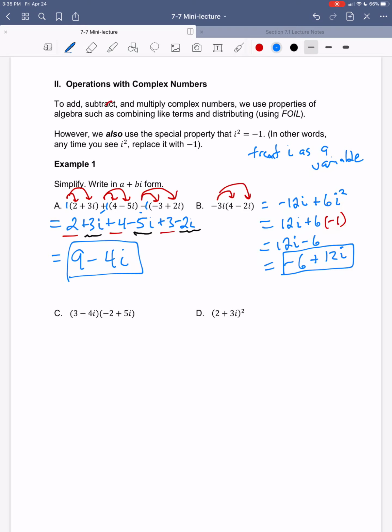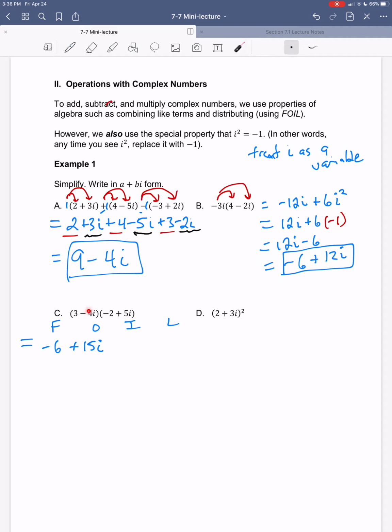Okay, down here in part C, we're going to do FOIL. So first, outer, inner, last. So 3 times -2 is -6. That's first. Outer, 3 times +5i, so that's +15i.